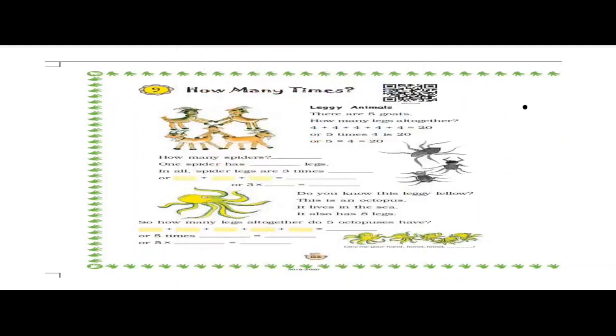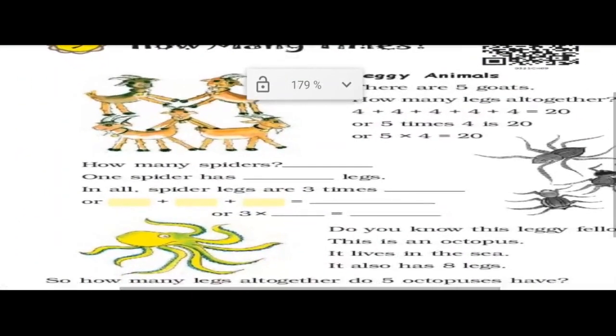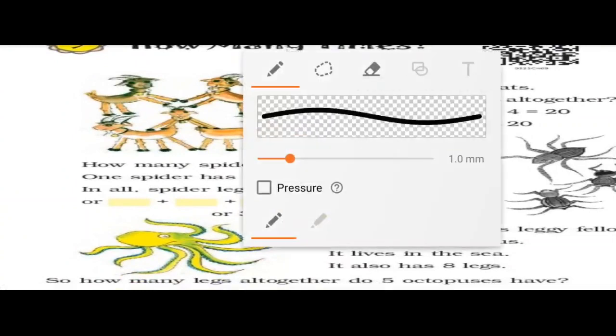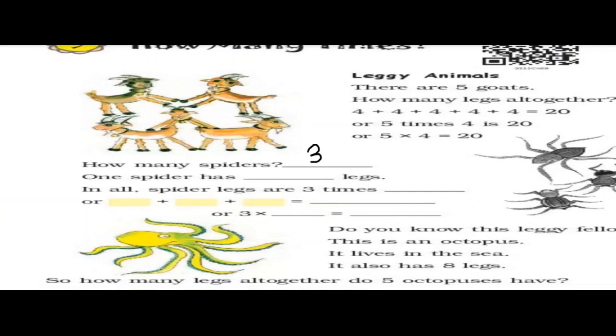Now next question, how many spiders? How many spiders children? You can see the picture. There are 3 spiders. So you can simply write 3 spiders. One spider has how many legs? You can count the legs. One spider has 6 legs. Yes, 6 legs. So here you will write 6.